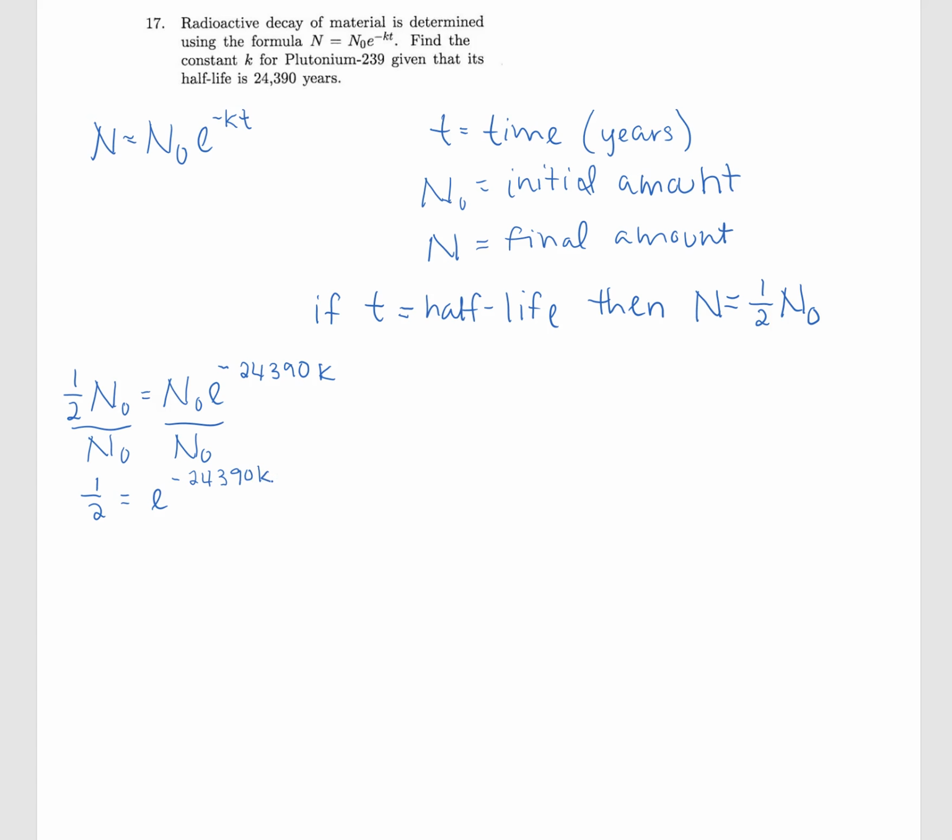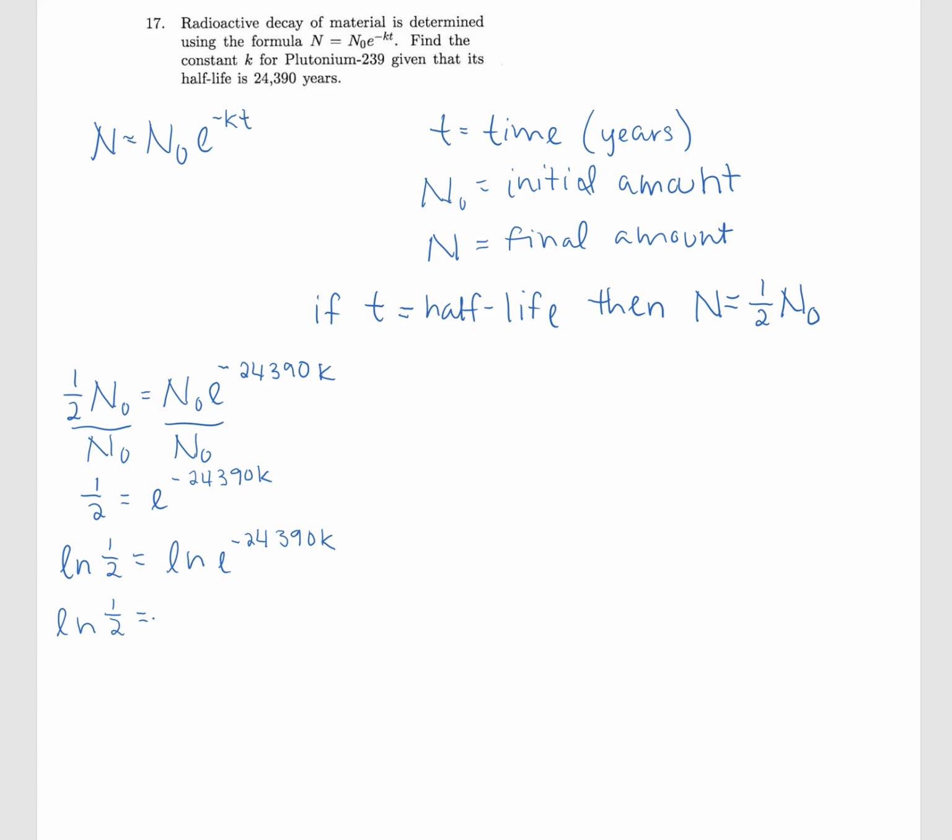To get rid of this e, we take the ln of both sides of our equation, because we know that ln has a base of e. So we get ln of 1/2 equals ln of e to the power of negative 24,390 times k.